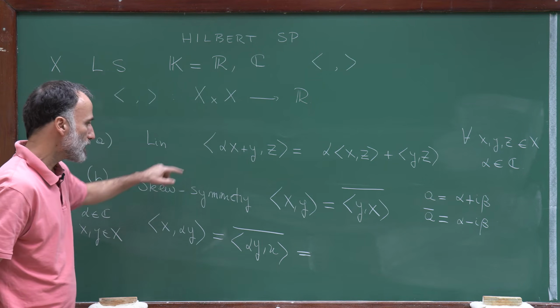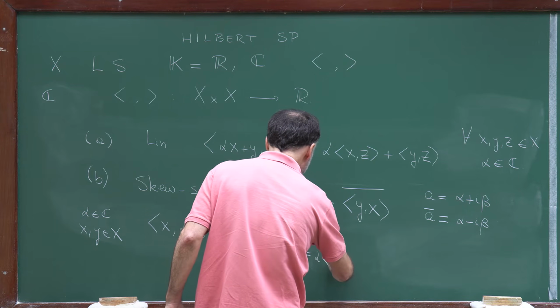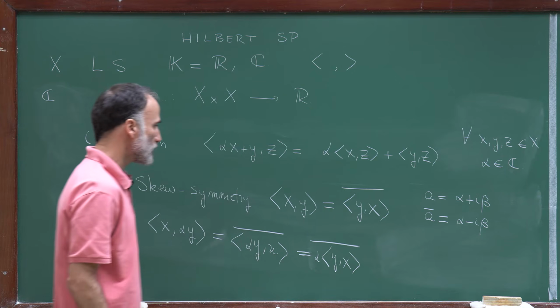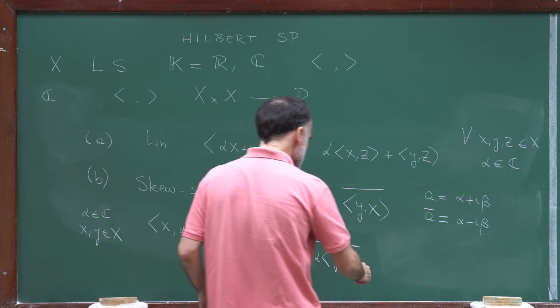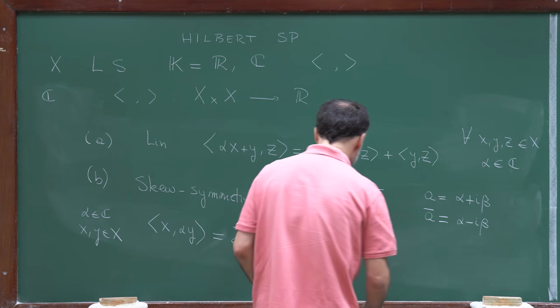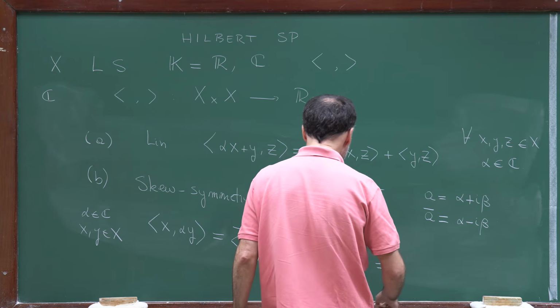Now by linearity this is the conjugate of α(y, x). Well, this is the multiplication of two complex numbers, α and the scalar product between y and x.